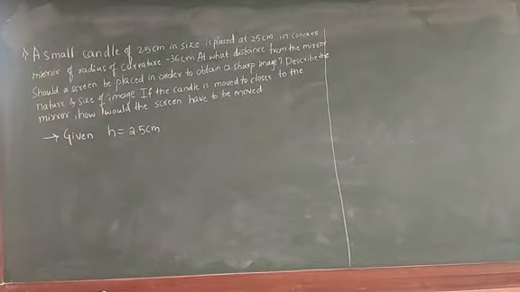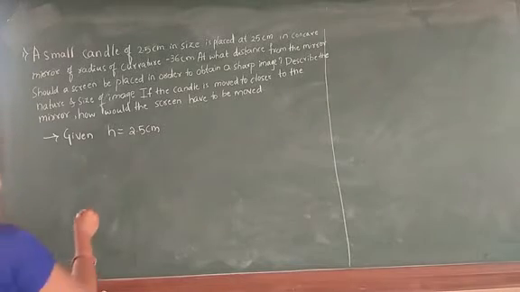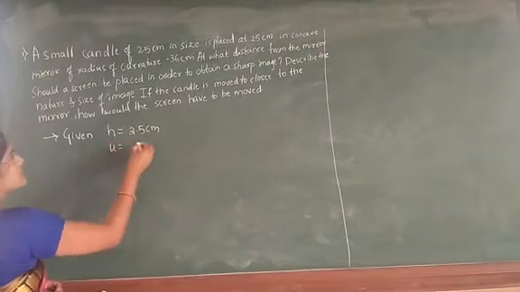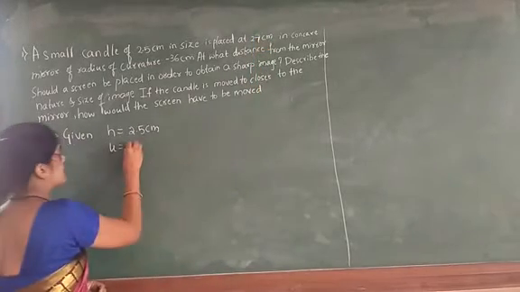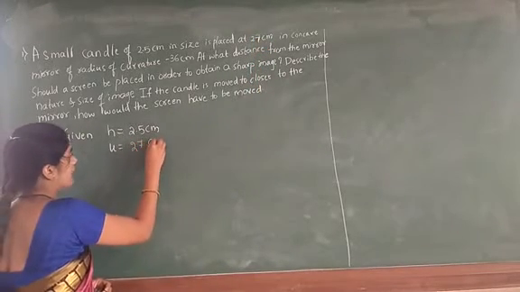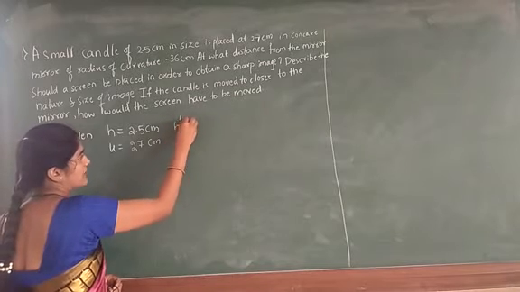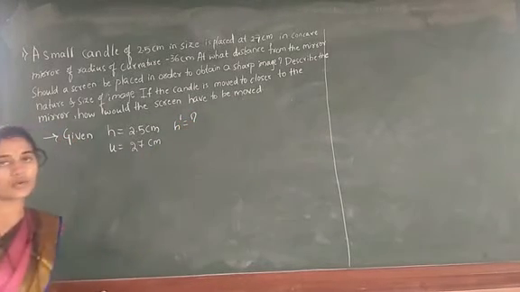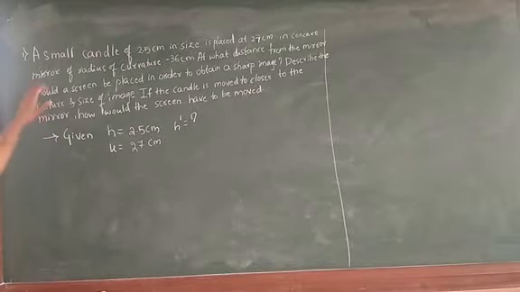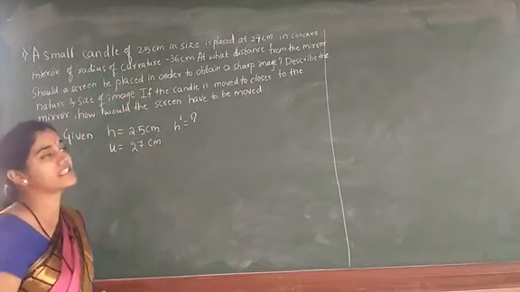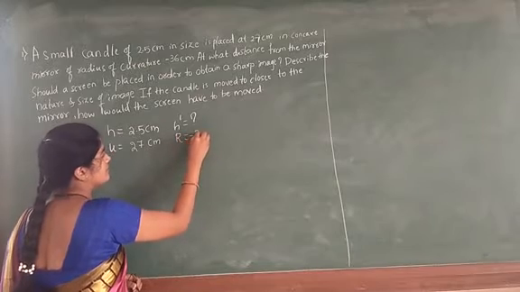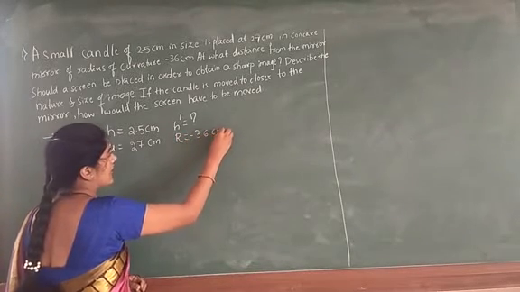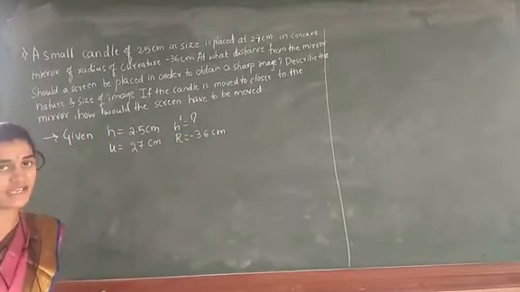In this case, we are considering u is equal to 27 centimeter. Here we don't know the value of h dash. h dash is equal to question mark. And again they have given that the radius of curvature r is equal to minus 36 centimeter.